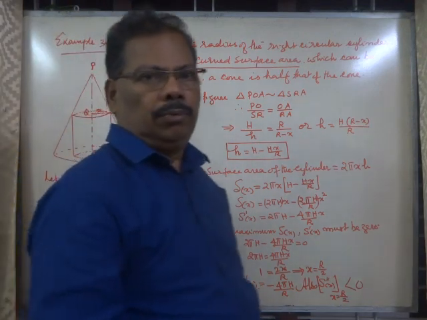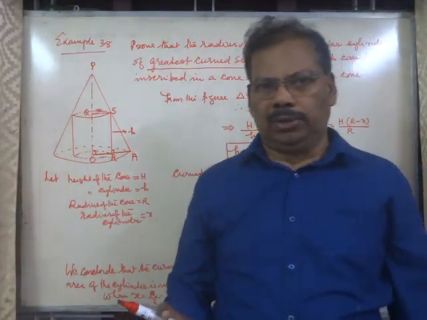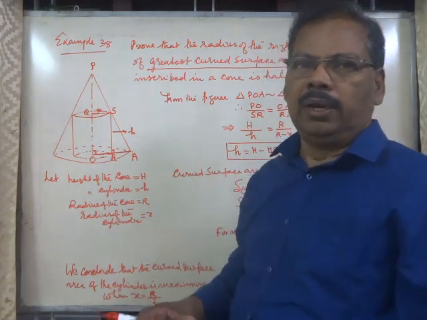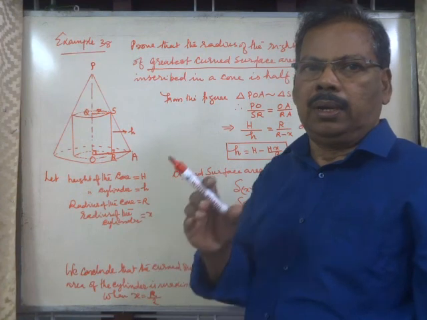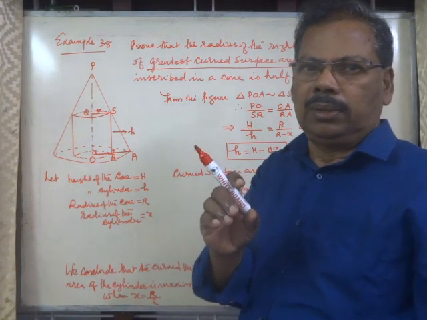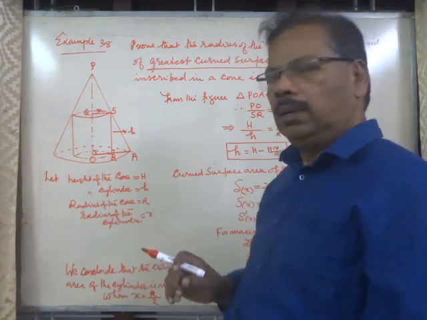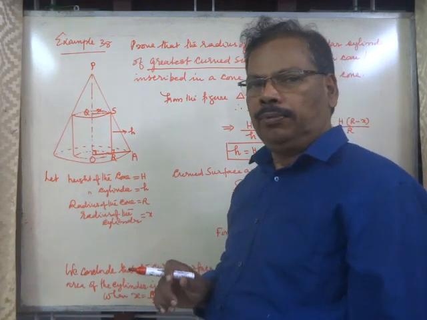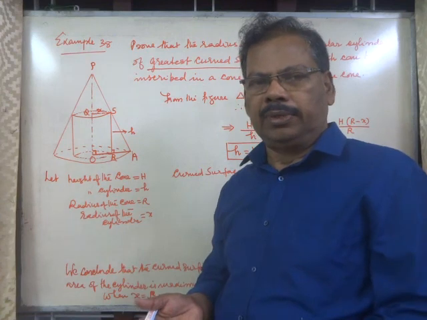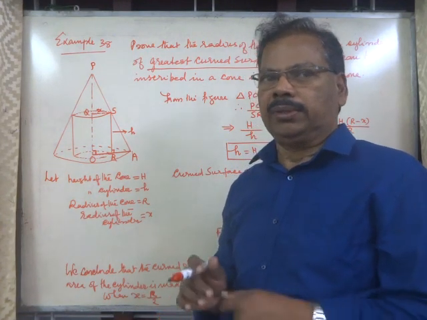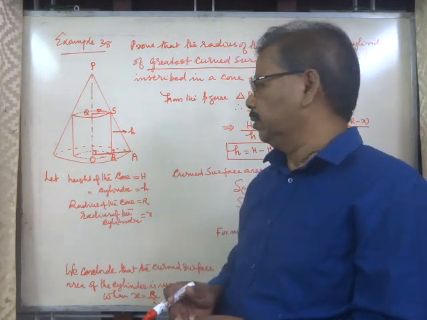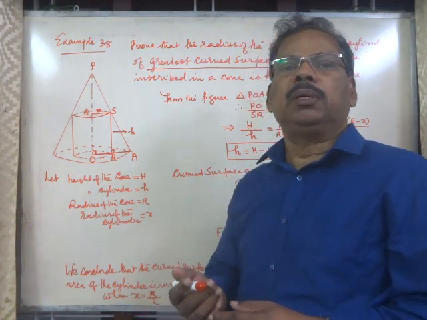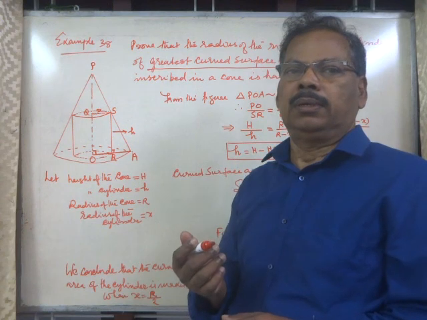We have to formulate the curved surface area in a single variable. Let it be x. If we name the curved surface area S of x, a function of x, the curved surface area is base perimeter multiplied by height.